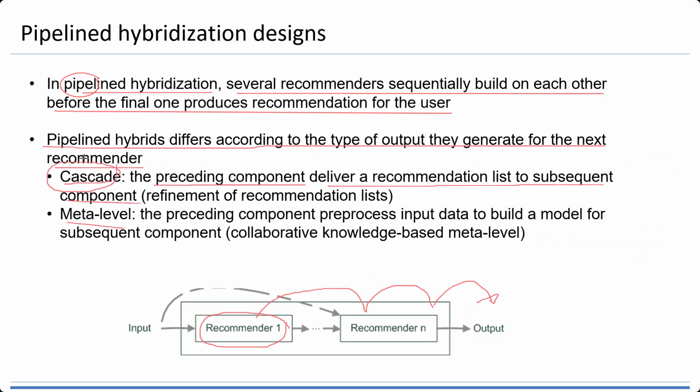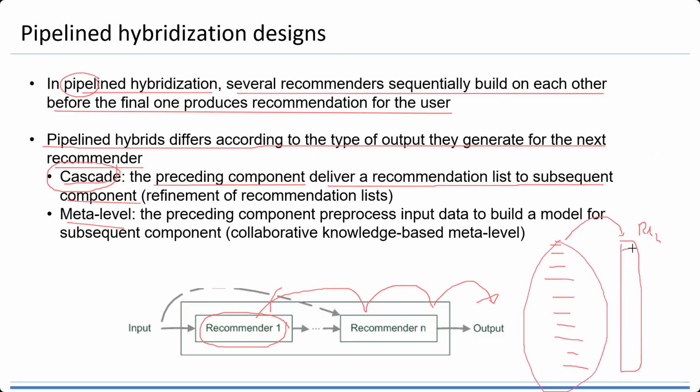So in the cascade, in recommendation one, we have list 1, 2, 3, 4, 5, 6, 7, 8, 9, 10. Okay, this is a list of recommendations. And then it goes to recommender 2. In this recommender 2, maybe from 10, it will be cut down into 5. From 5, it will be cut down into 3, and so on. Okay, so we call this cascade.